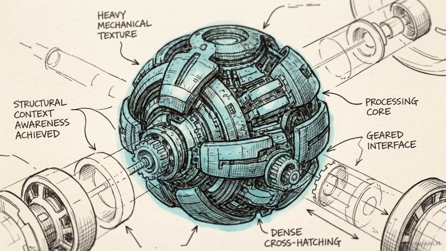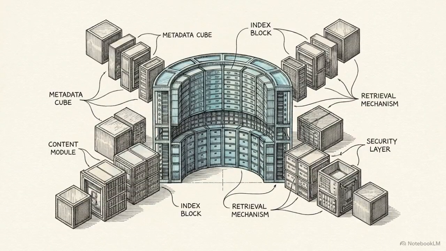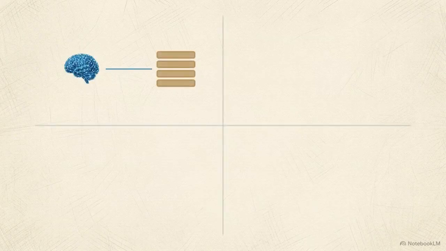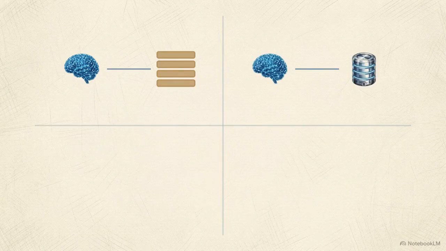Establishing this architecture is the first step toward context awareness. It provides the mechanical foundation required for a model to access information that exists outside its immediate prompt window or its static training weights.